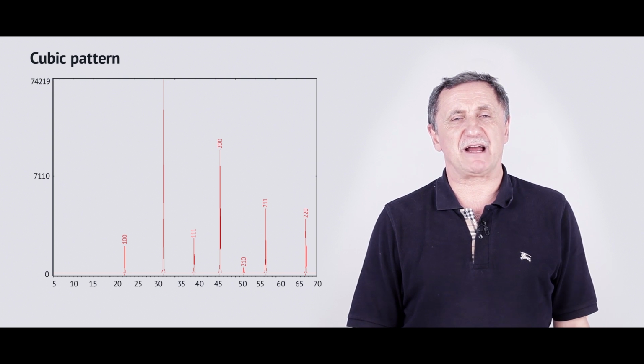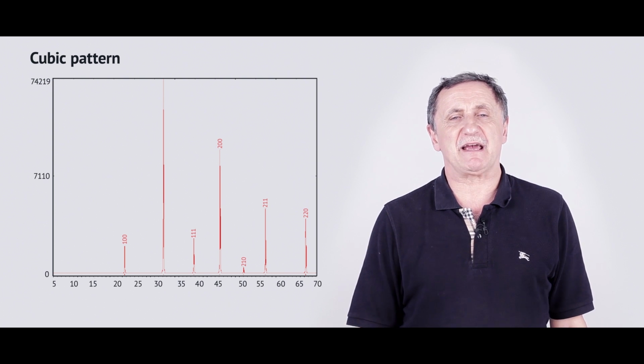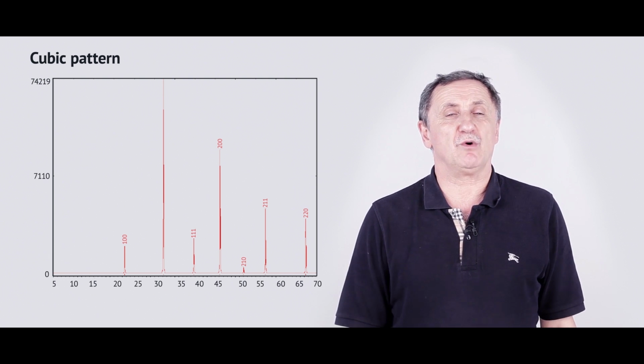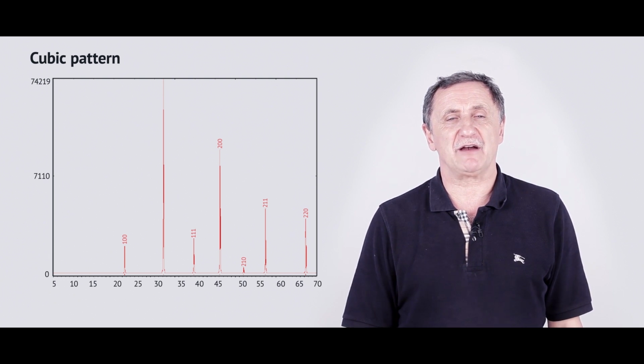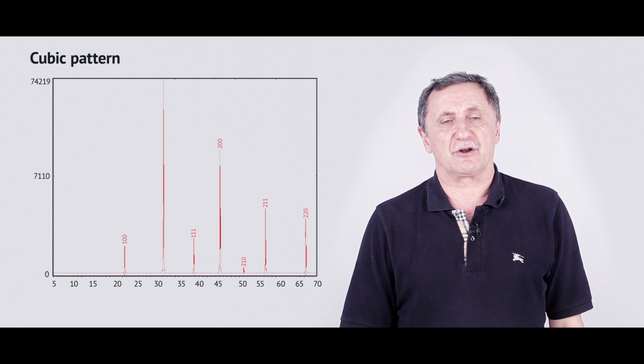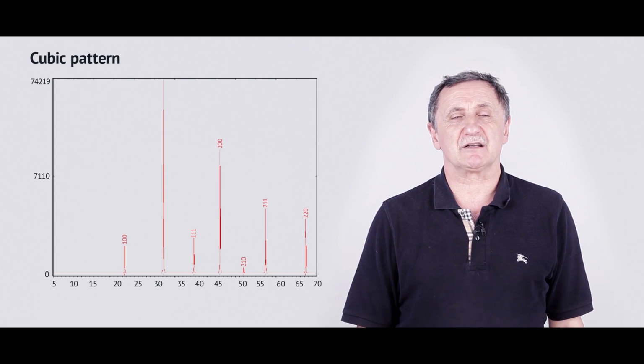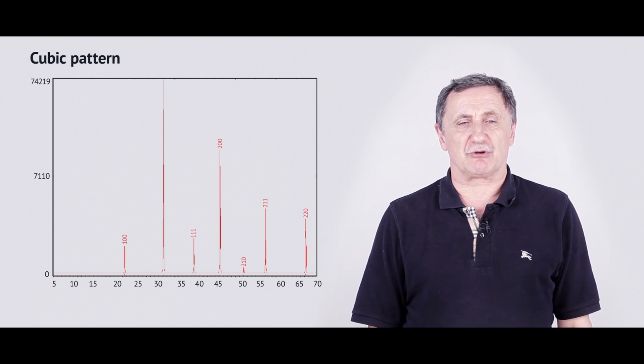So again, from the Bragg formula we can define the d-spacing easily, and then knowing, or assuming, what kind of crystal structure you have, cubic, tetragonal, orthorhombic, hexagonal, monoclinic or triclinic, you can calculate the parameters of this structure.